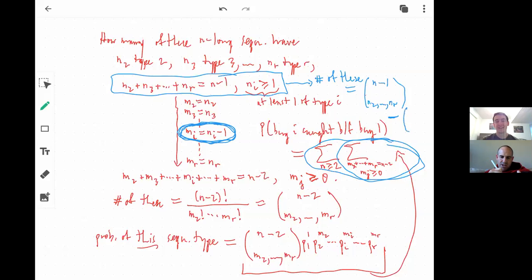So then it would just be n minus 1, and then it would be n2, dot, dot, dot, right? And then ni is 0, dot, dot, dot, nr. Sorry, I'm running out of room over here. Okay, so it's like I just have one less variable. Yeah.